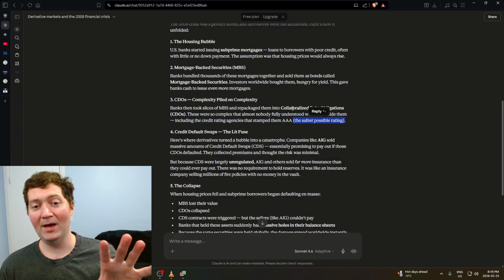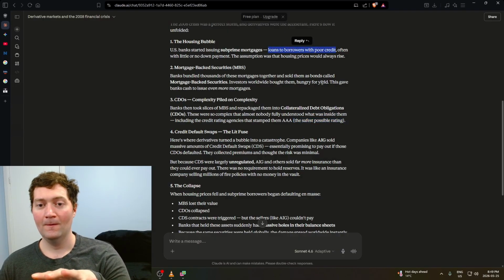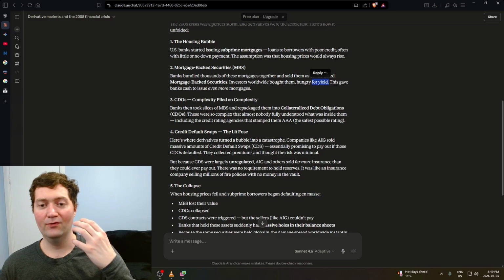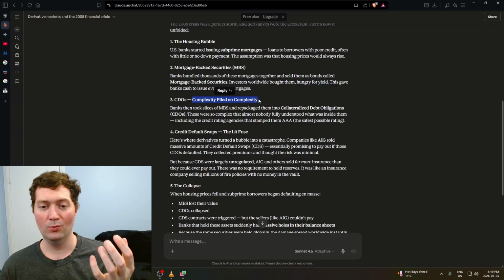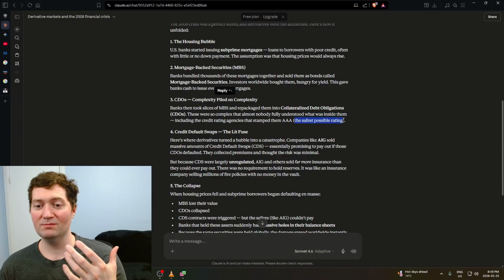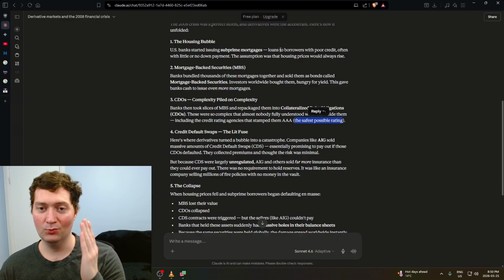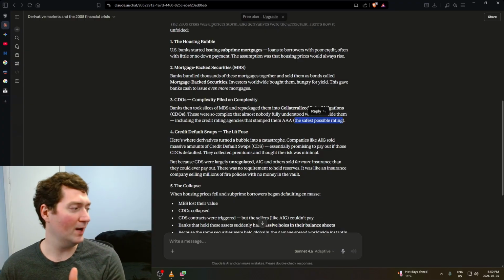So they somehow gave loans to borrowers with poor credit. This created mortgage-backed securities with high yields, and they packaged it in such a complex way that credit rating agencies were giving them the safest possible rating, despite the fact they were loans to borrowers with poor credit.